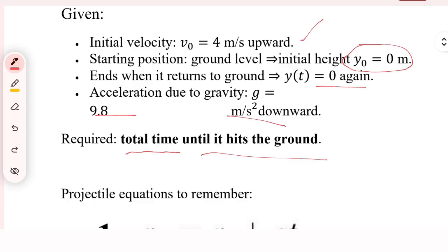So once the ball leaves the ground, it goes up, it reaches a certain height, then it goes down. And what would be the total time traveled by the ball? That is what the problem wants: the total time it travels from the ground, goes up, and returns to the ground.